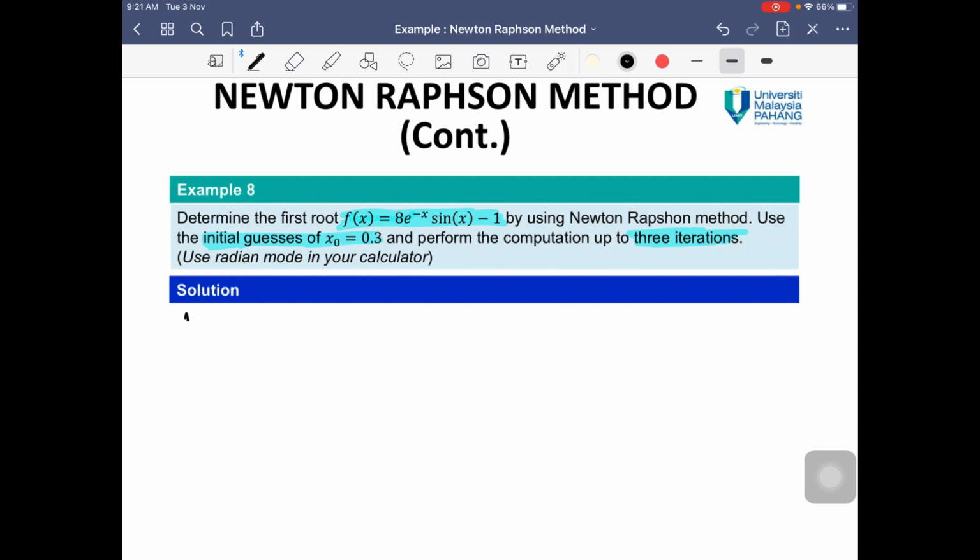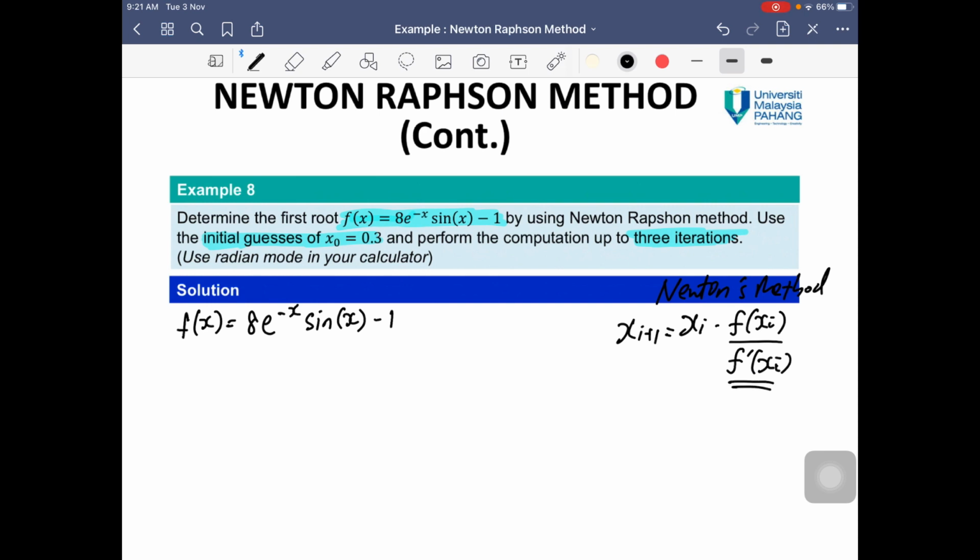Okay, so first we are given the function f(x) equal to 8 e^(-x) sin x minus 1. Remember the formula for Newton's method is x_(i+1) equal to x_i minus f(x_i) over f'(x_i).